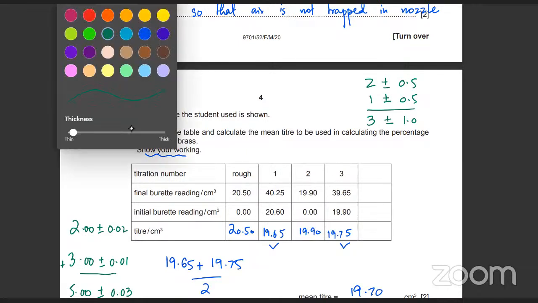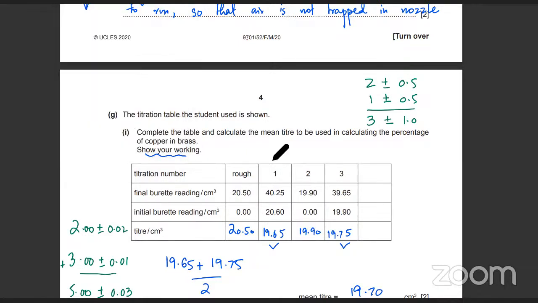Why is that? 2 plus minus 0.5 means the value could be anywhere between 1.5 and 2.5. 1 plus minus 0.5 means the value could lie anywhere between 0.5 and 1.5.